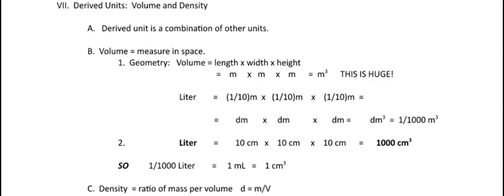Sometimes in medicine you might see decimeters, but you really don't see it. We talk more about cubic centimeters. So there's 10 centimeters in 1 decimeter, and 10 times 10 times 10 is 1,000. So 1 liter is 1,000 cubic centimeters, and that's what you probably need to know.